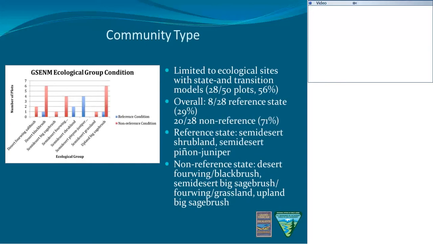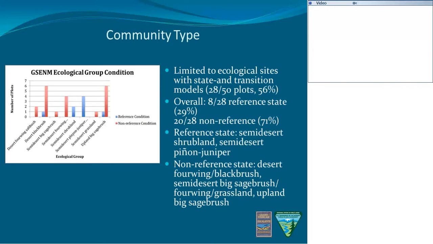The other thing, and the thing that feeds into one of the main goals of being able to help us with forage availability calculations, is whether the community type is reference or non-reference with respect to the ecological site description. We know that one of our challenges in accurately estimating forage availability is that we expected a significant portion of the monument not in reference state.